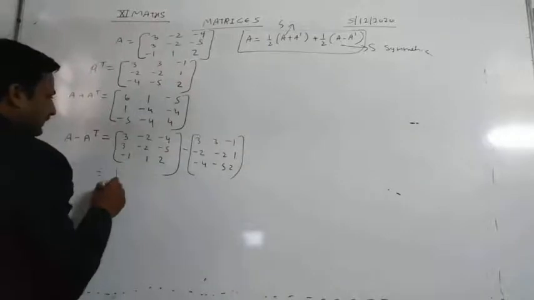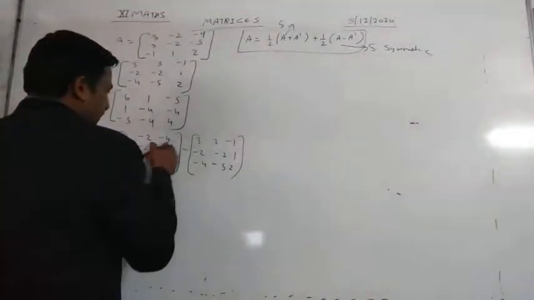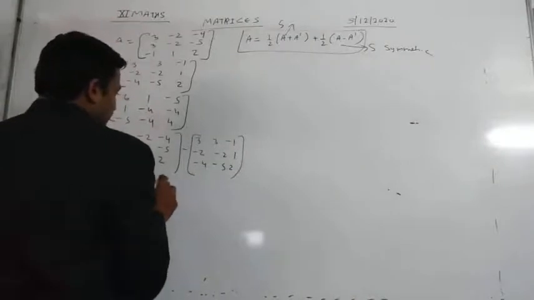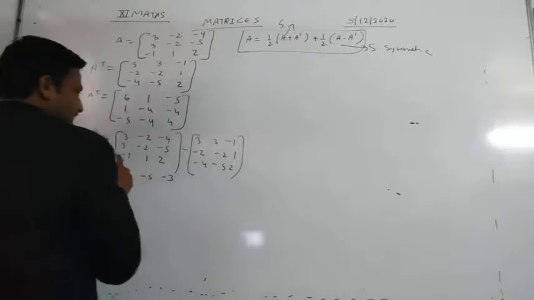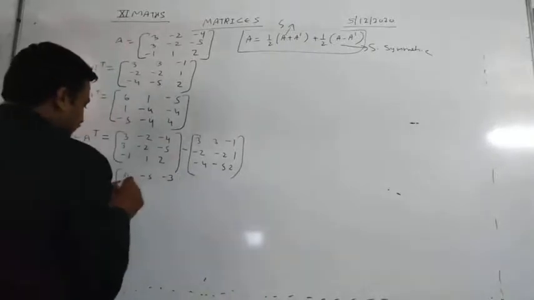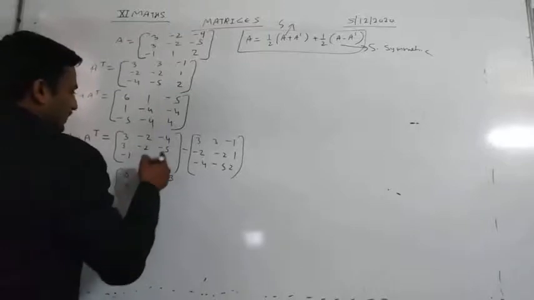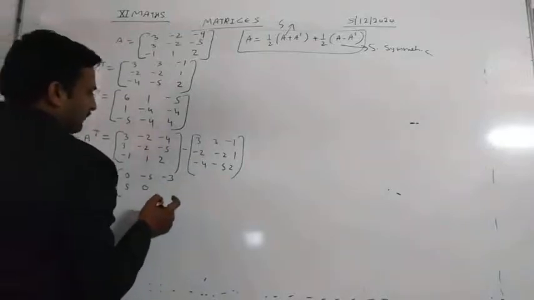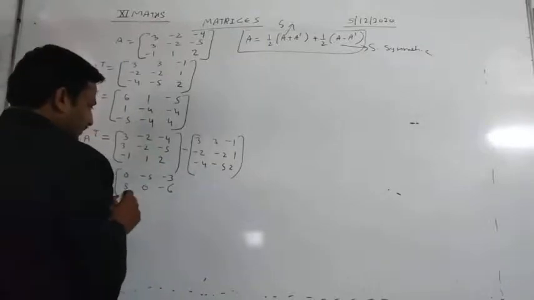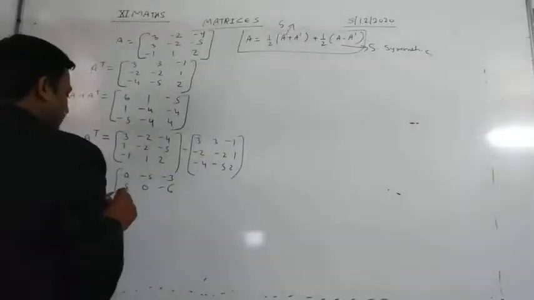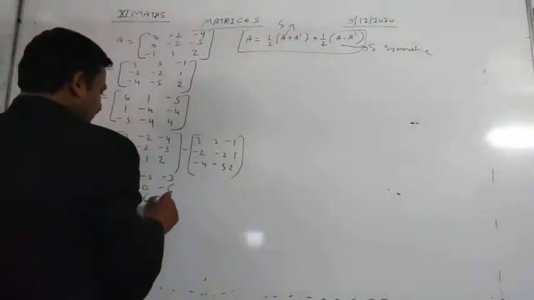So the difference will be 3 minus 3, 0; -2 minus 3, -5; -4 plus 1, -3; and -3 plus 2, -5 plus... 5; -2 plus 2, 0; -5 minus 1, -6; -1 plus 4, 3; 1 plus 5, 6; 2 minus 2, 0.